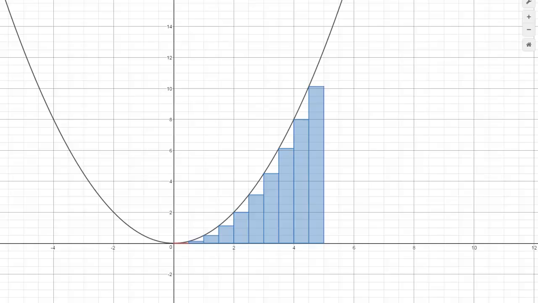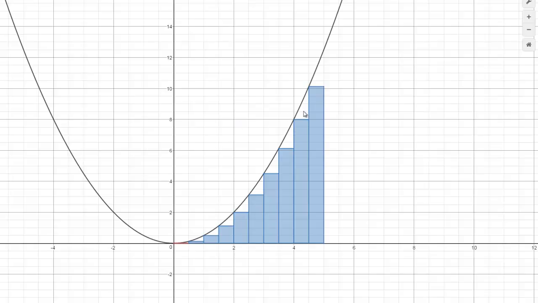There's 10 rectangles. Since this is an increasing function over the interval from 0 to 5, all of my rectangles happen to be below the curve. Again, if you're using a left-hand sum and the function's increasing, then it's what's called a lower sum. So this underestimates the actual area.